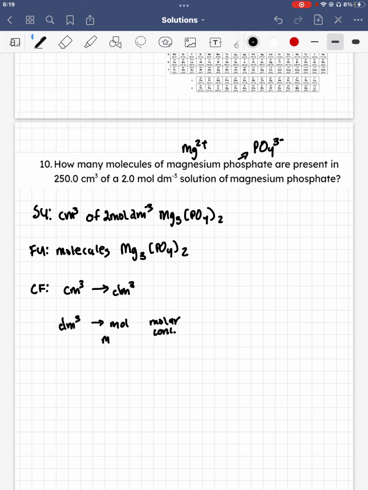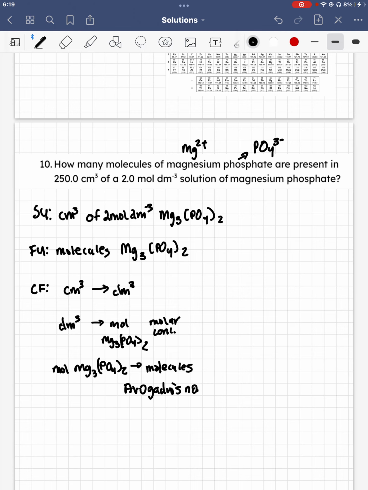Once I'm in moles of Mg3(PO4)2, I can then convert to molecules. And of course, that will be with Avogadro's number.